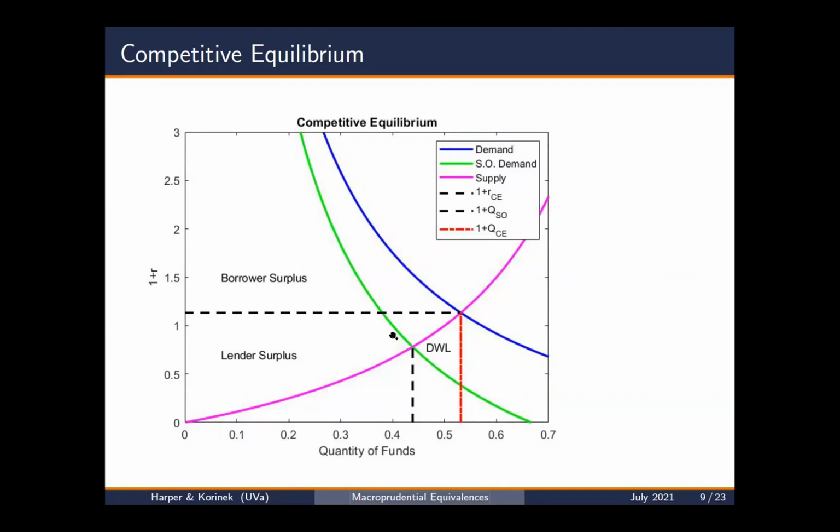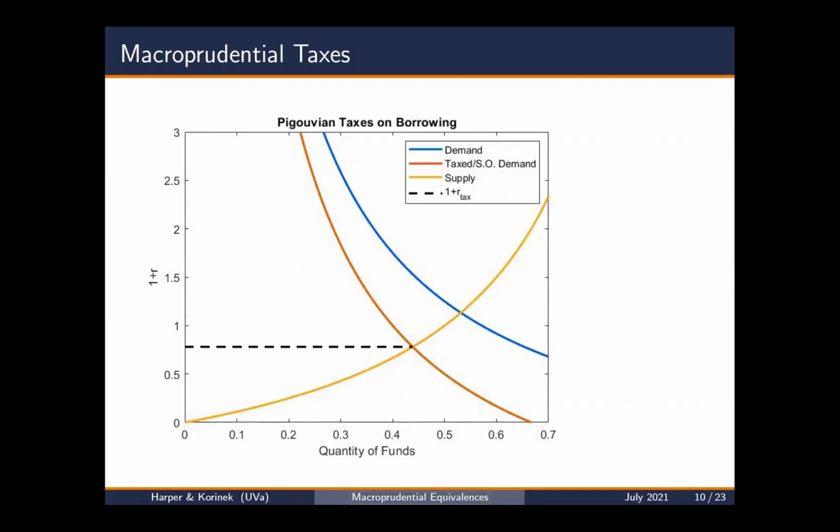And you can see that there is a difference between the 2 quantities, and there's this deadweight loss that's produced where, when overborrowing occurs, there's a social loss that gets incurred. So our policy is going to want to, within this graph, shift these curves around to avoid that.